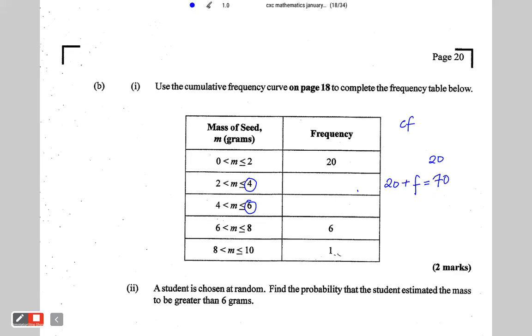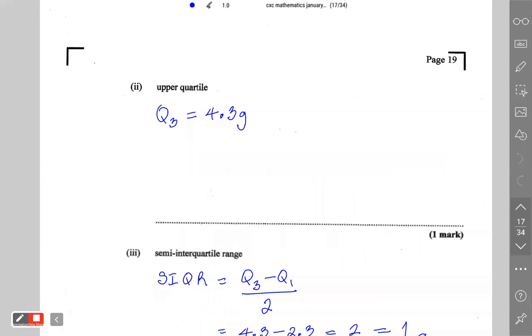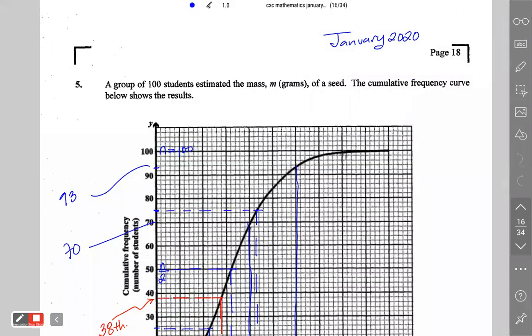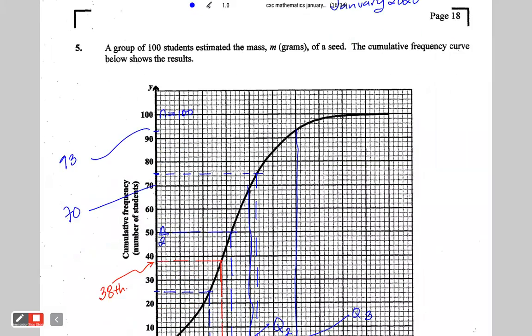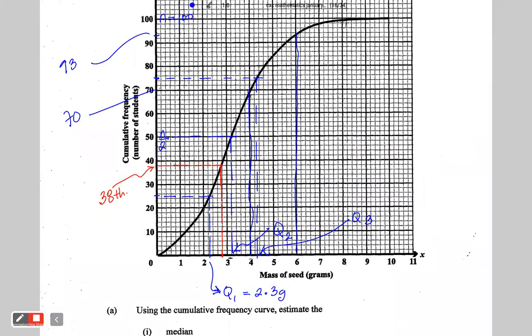All right, let's go back to it at 4 and just 100% ensure that it's 70. So for 4 grams, this is 4. We go up. No, it's not 70, it's 68. More correctly, it's 68.